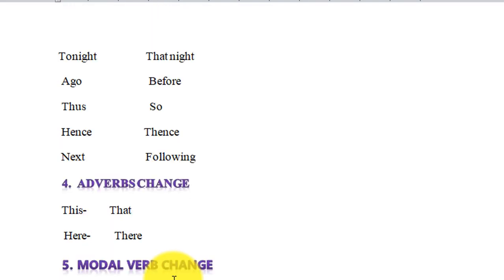The other important part is that adverbs change. Adverbs of place are what we mean here; before, we saw adverbs of time, which express time, and these express place. So these must be changed. For example, "this" becomes "that" and "here" becomes "there". If I say "these", where can we change it? "These" can be changed into "those".